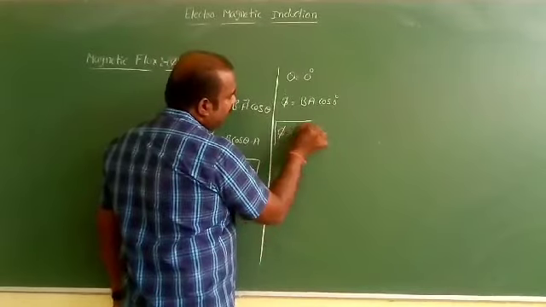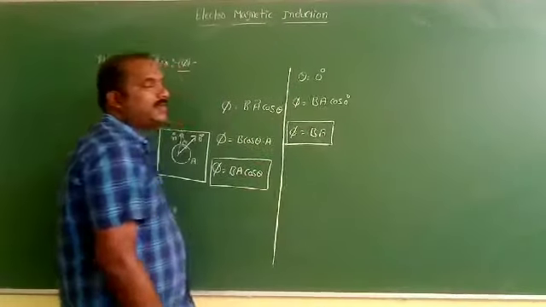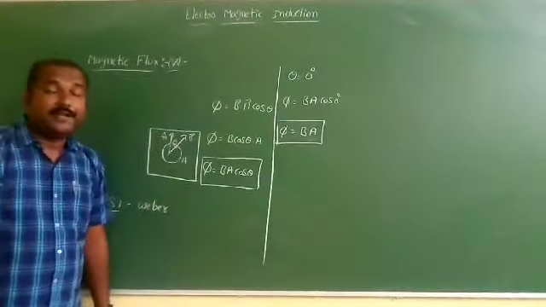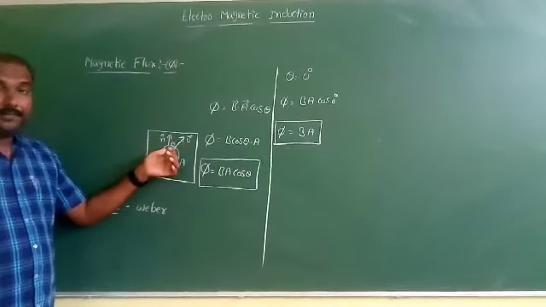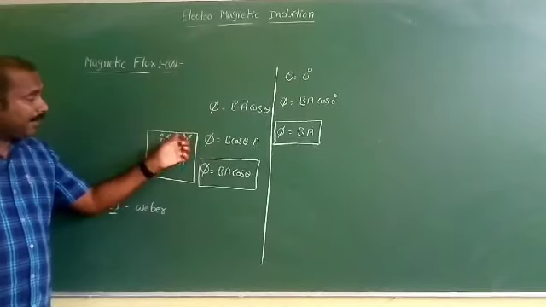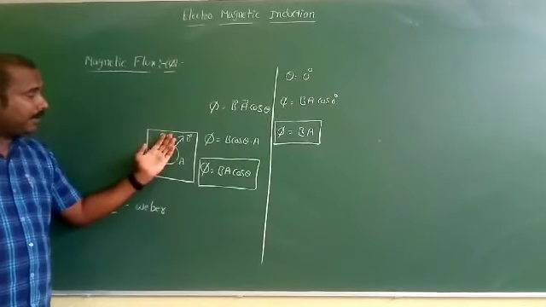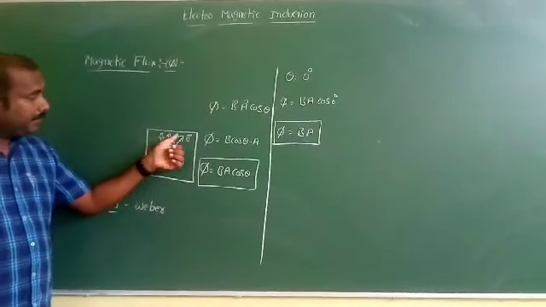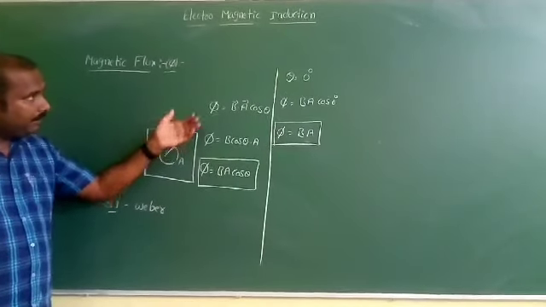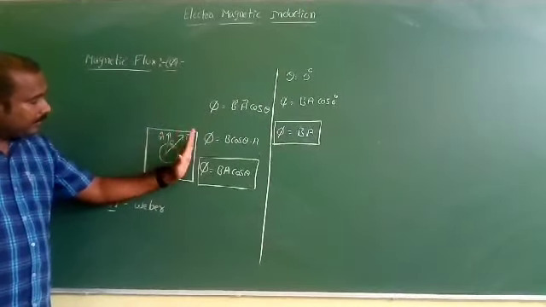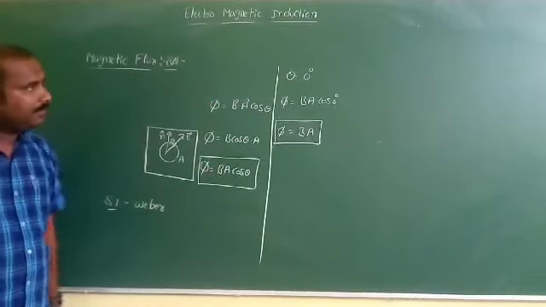That means the maximum flux is passing through the surface, when the angle between the magnetic field and the unit vector is zero, that is, they are parallel.